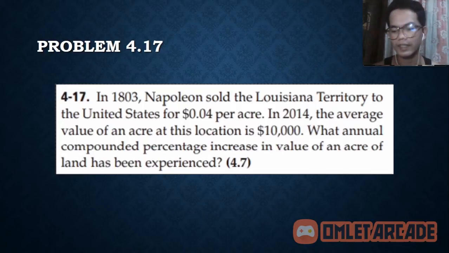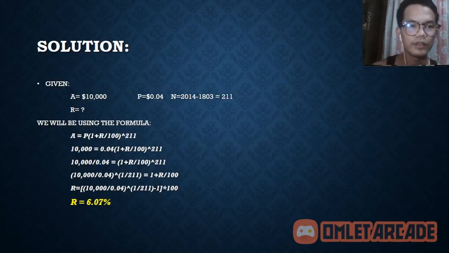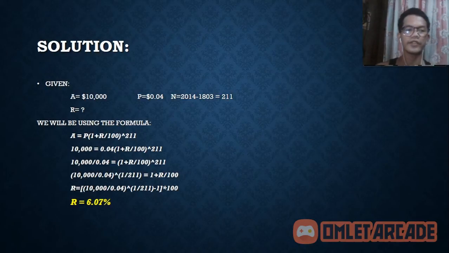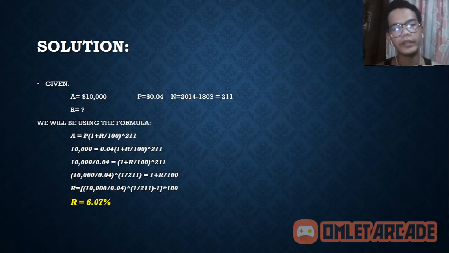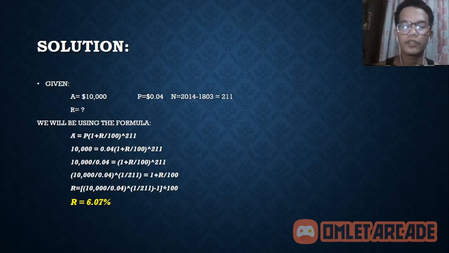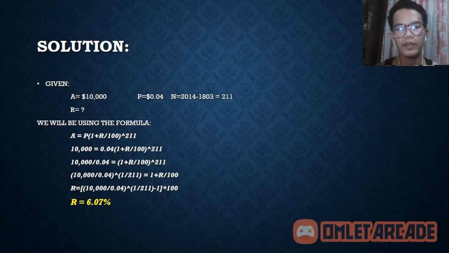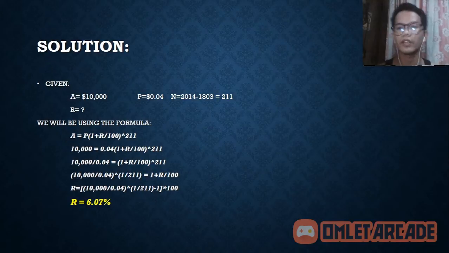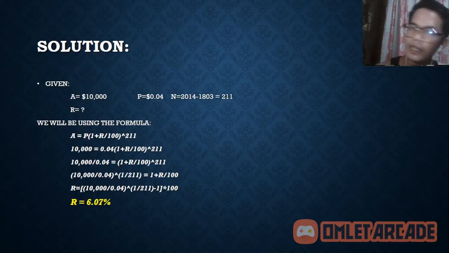Let's see the formula. This is the solution. Given A, the future amount, is $10,000. P, the past cost of the land, is $0.04, and N is the years, 2014 minus 1803, which is 211. So what is R?